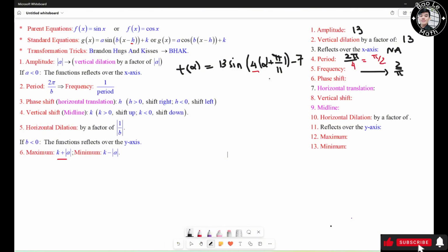Phase shift is going to be the value of this, right? We need to look at the formula right here. If this is negative, it's going to shift to the right. If this is positive, it's going to shift left.